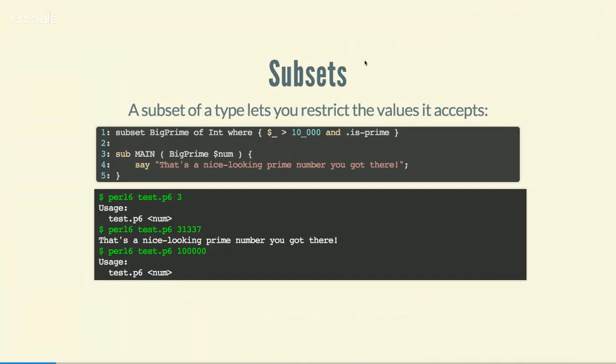Is there a way of having a more meaningful error message when the condition doesn't match? I don't think so, because basically it tries to compile it, and I think for subs it would. I don't know, actually, no. It might say for subs, I think it says expected big prime, but I didn't get it. But for methods, it's just going to say it doesn't match.